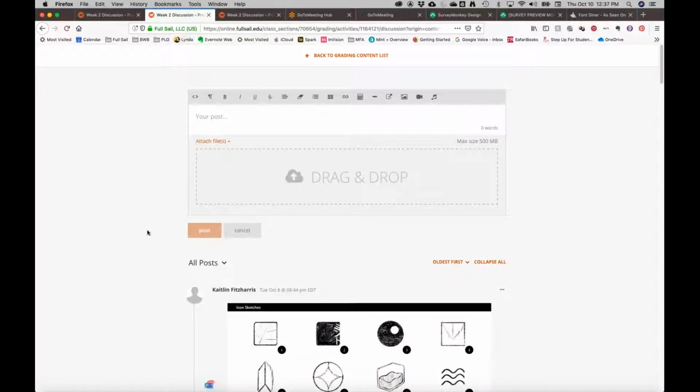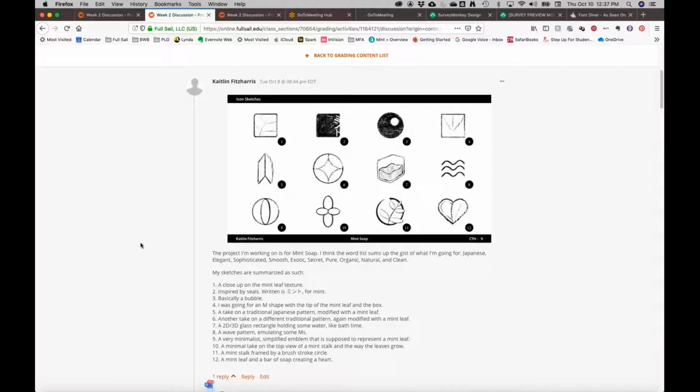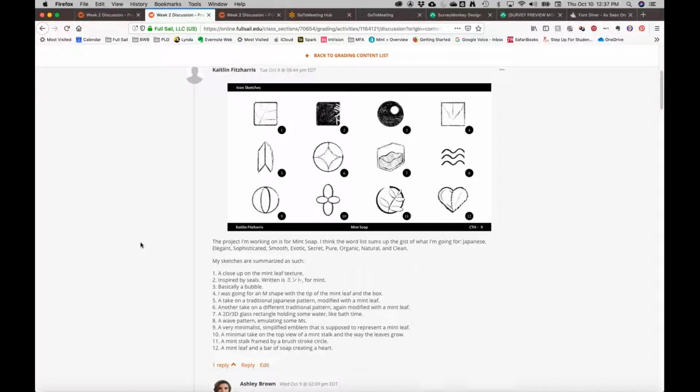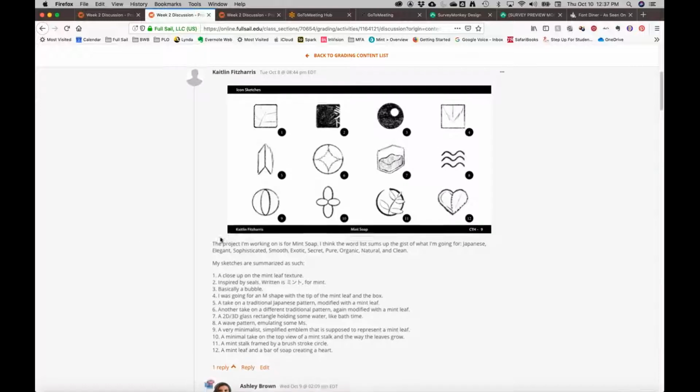All right, moving on to Professor Penna's class, starting off with Caitlin. Mint soap. So this is a Japanese soap that has sort of like a beauty aspect to it. I don't really see anything particularly Japanese in any of this. Okay, so this is like the writing of, maybe that's Japanese writing.